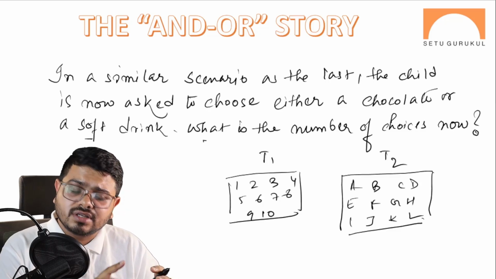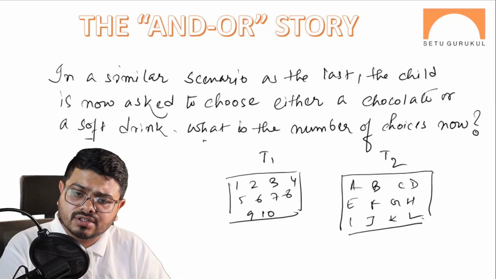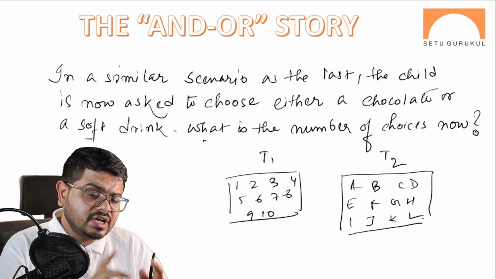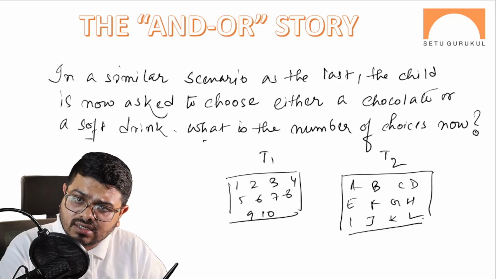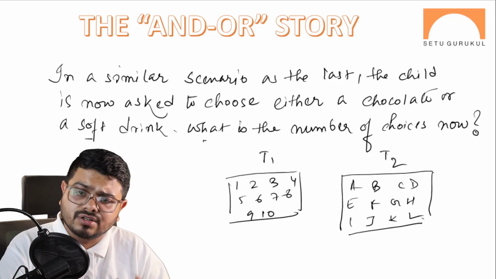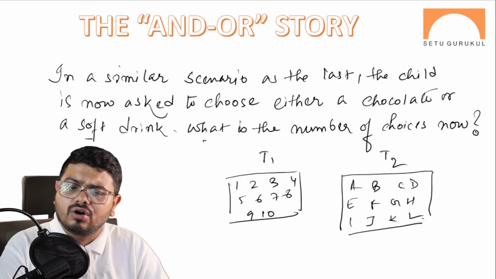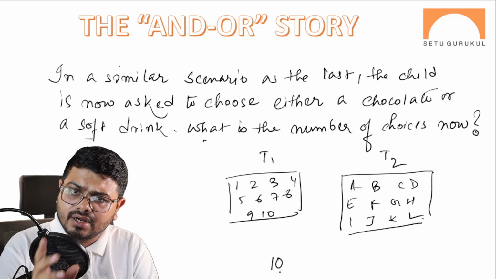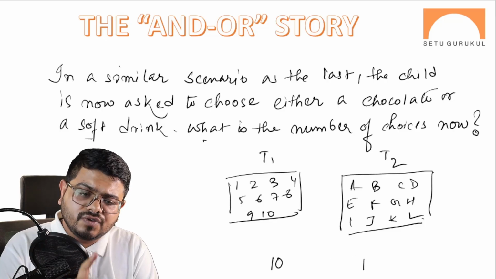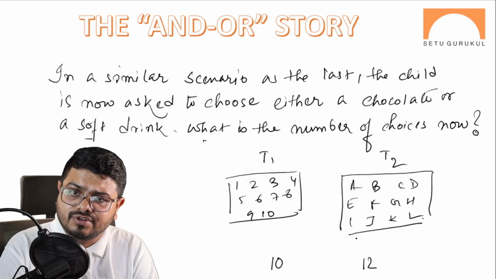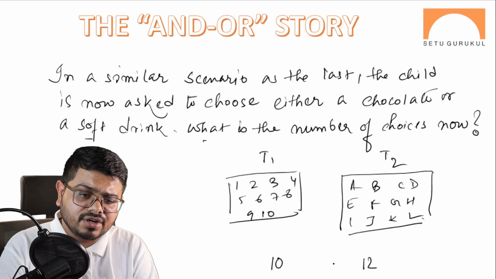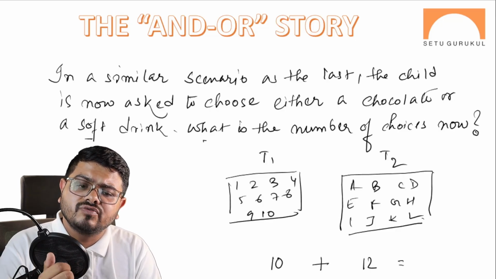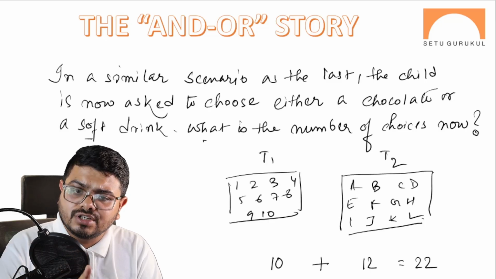What changes is the direction, the command given out to the child. Last time they had to choose one chocolate and a soft drink. This time they have to make a choice between either a chocolate or a soft drink. So clearly the child has 10 options among chocolates, 12 options among soft drinks. And because this is an or scenario, intuitively that would result in what? An addition. So the child would have a total of 22 options.